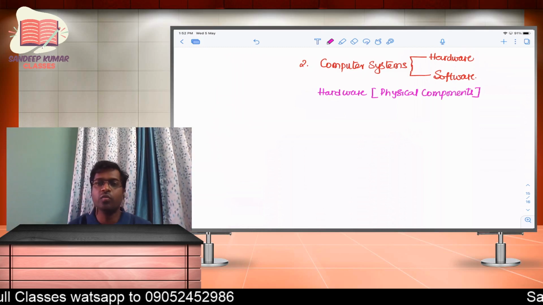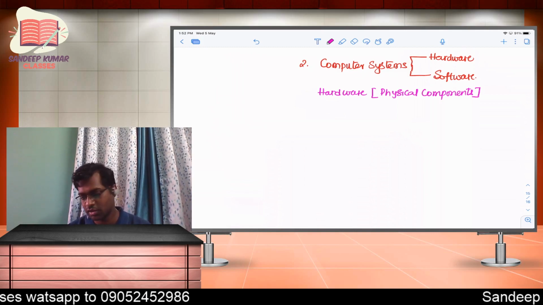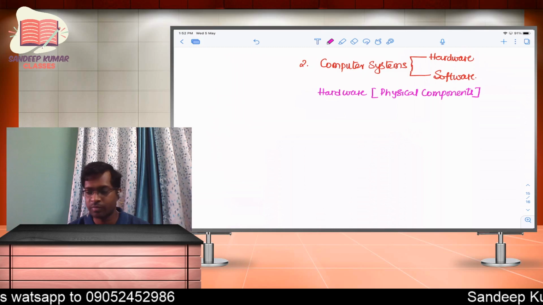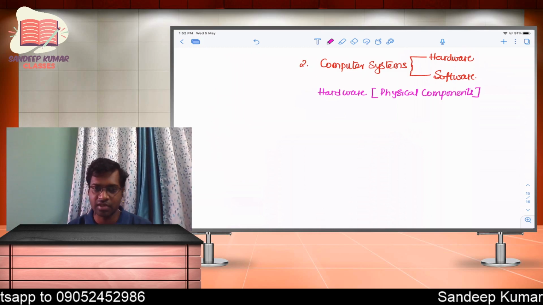What do you mean by physical components? Physical components are the things which we can touch. So hardware components are the devices which we can touch.